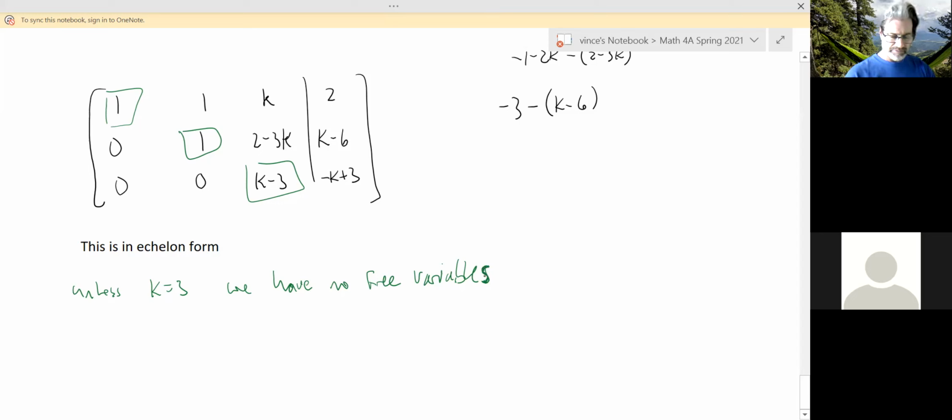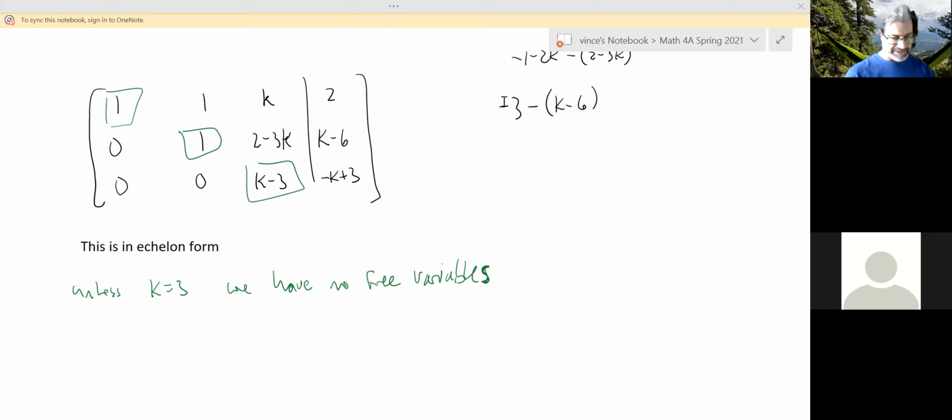So if there's no free variables, what can you say about the number of solutions? Yeah, one unique solution is all you're going to get, if you get any solutions at all, right? So let's say this, if there's no free variables, you'll get at most one solution.